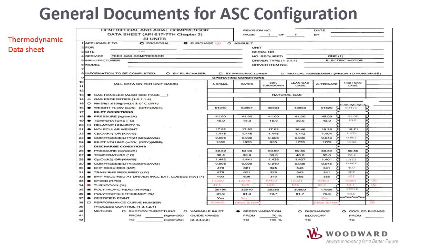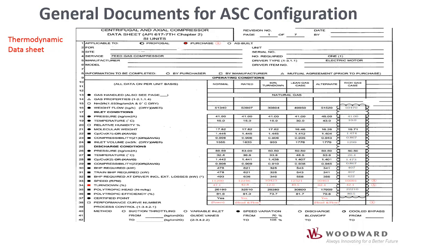Now, moving to the next step, before the configuration, there are a few critical documents which are used for configuration. The first one is the thermodynamic datasheet. As you can see on your screen, this datasheet consists of gas properties related to various operating conditions.